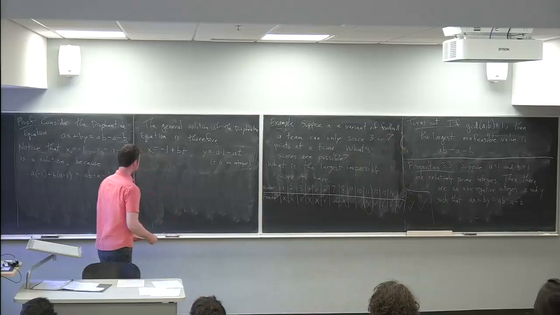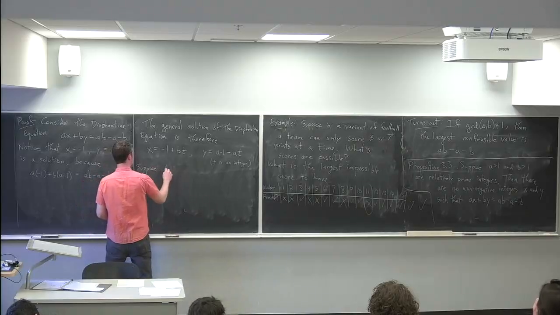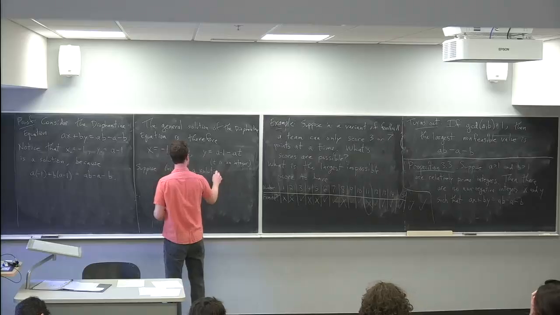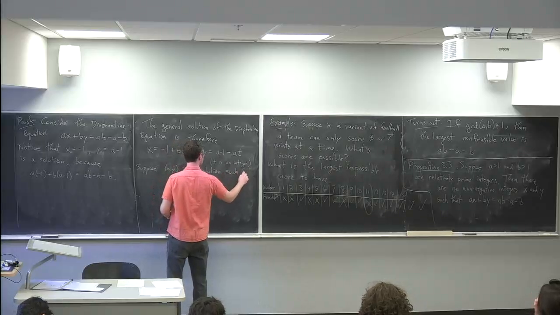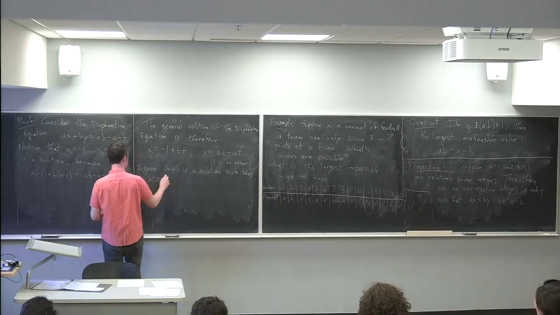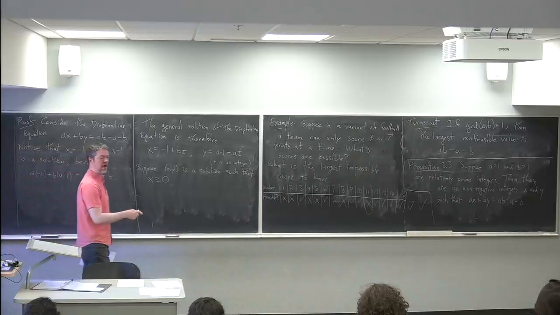So let's suppose, we'll do it this way. Suppose xy is a solution with the property that x is greater than or equal to 0. Okay, what we'll actually do here is prove that y is negative.